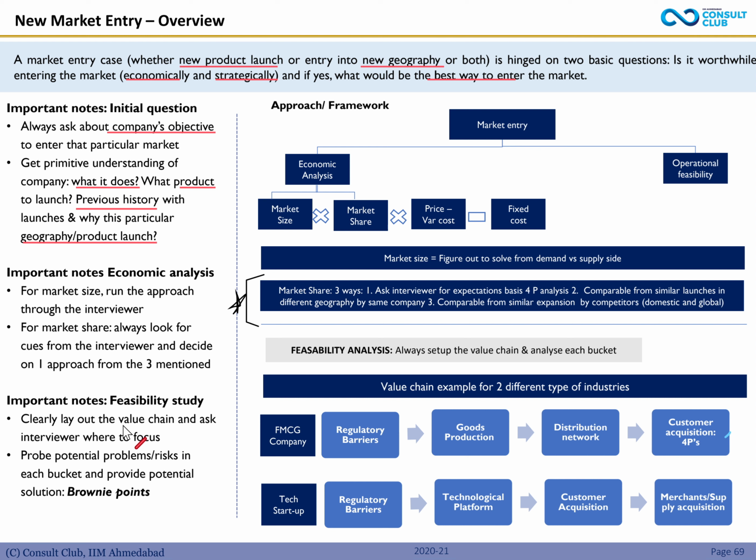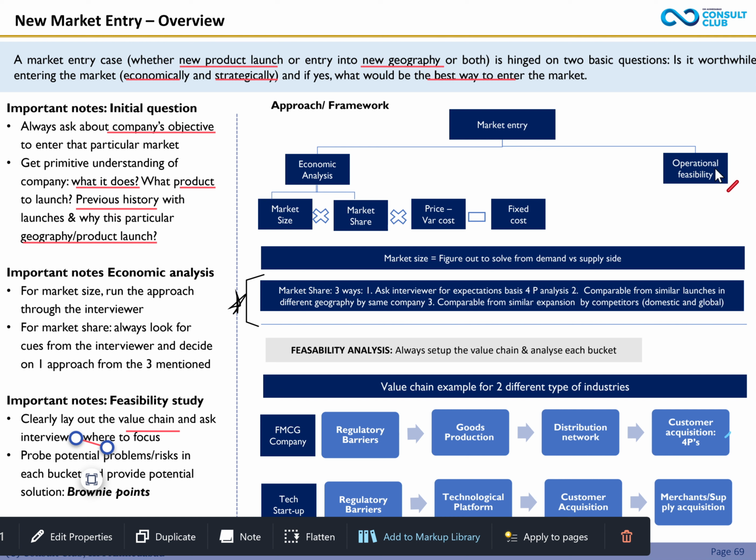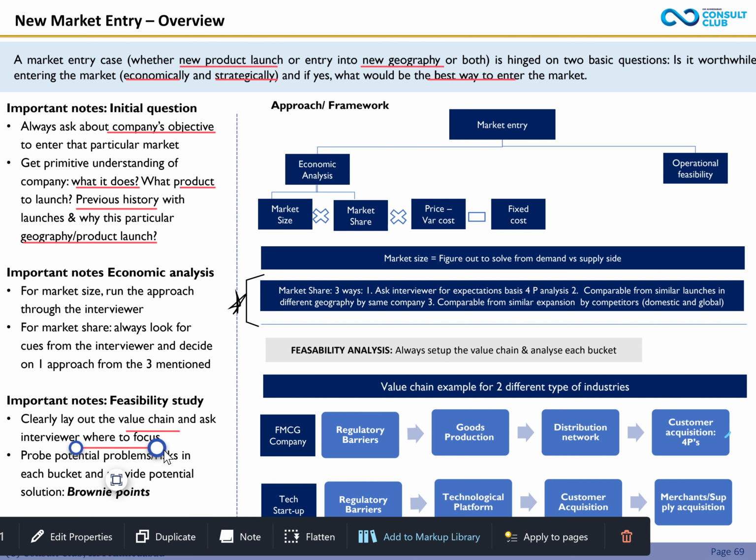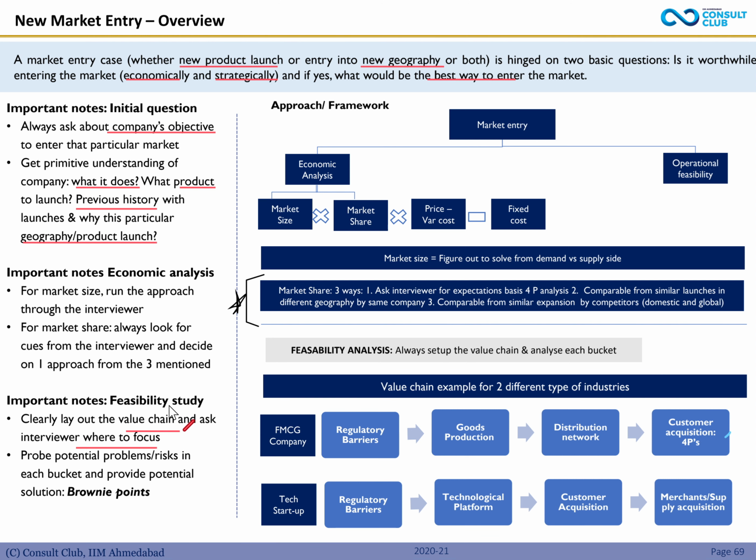Clearly lay out a value chain and ask the interviewer where to focus. This is very important to think in a structured manner, that you lay out a value chain and ask the interviewer where to focus, rather than not thinking in a structured way and listing out things, or not asking the interviewer as you proceed, which may also lead you to lose track. I'll explain the value chain in some time.